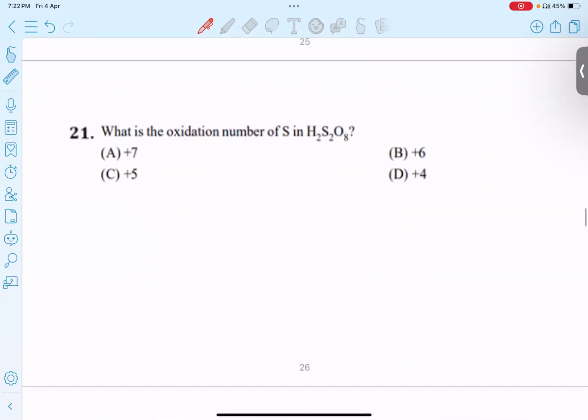Next, let us go to question number 21. What is the oxidation number of sulfur in H2S2O8?